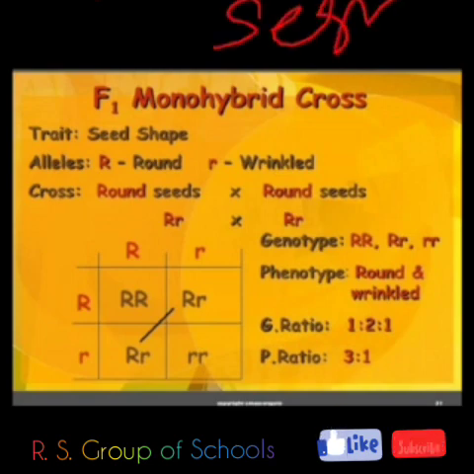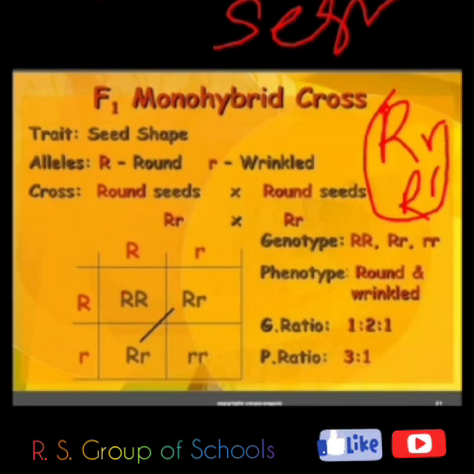According to this law, Mendel says that when the F1 generation shows all tall plants, as we discussed in dominance, then in the F2 generation we take round seeds and wrinkled seeds. Round seeds are denoted by capital R and small r, and wrinkled seeds are also denoted by capital R and small r. Then both are crossed to give the F1 generation.